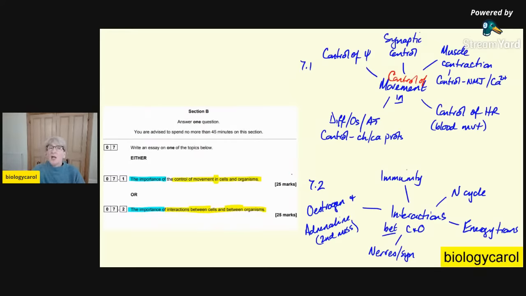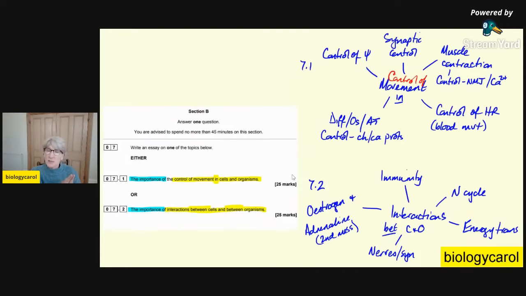And my guide for talking about the importance of something, in the examiner guidelines, is that the importance has got to be talked about to A-level standard. That means you've got to use A-level terminology and A-level content.